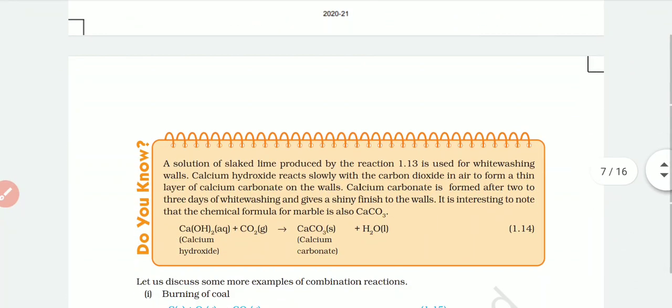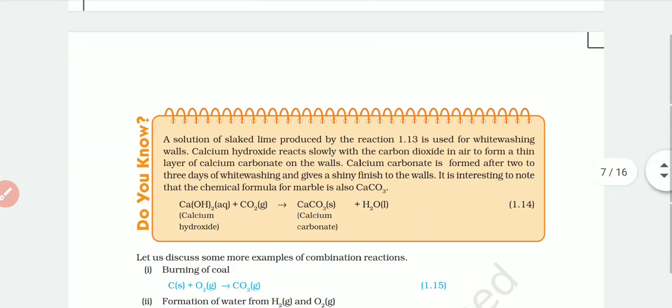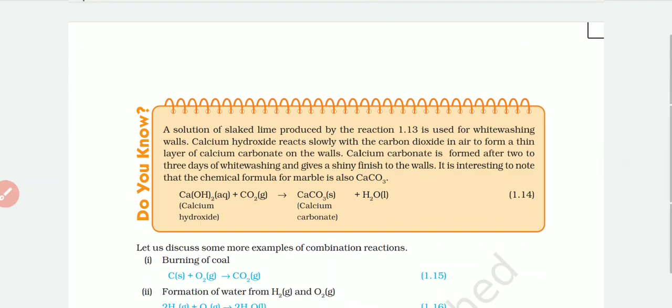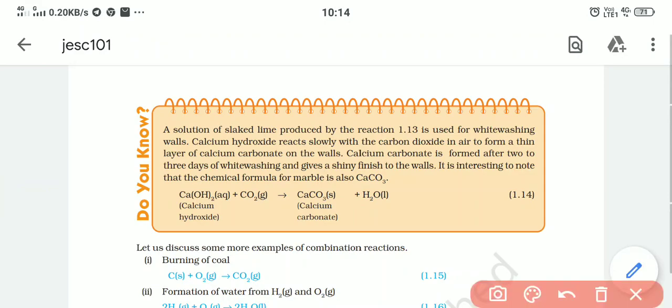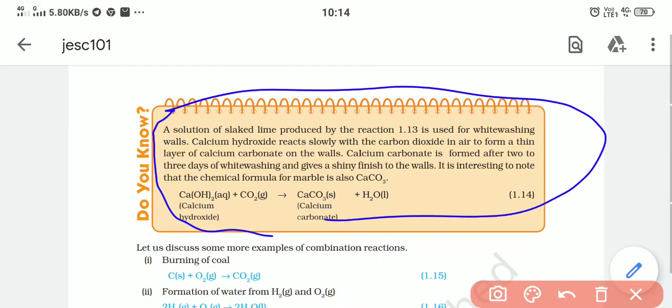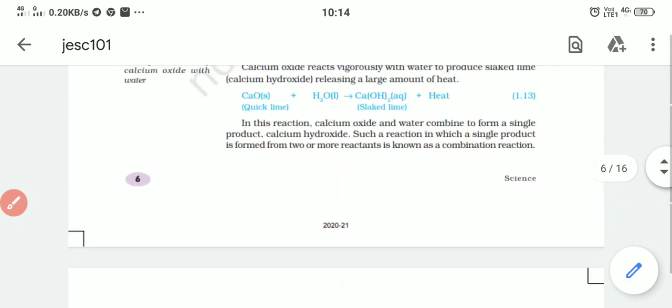Now remember, for MCQ or fill in the blanks, the solution of slaked lime is produced by this reaction.